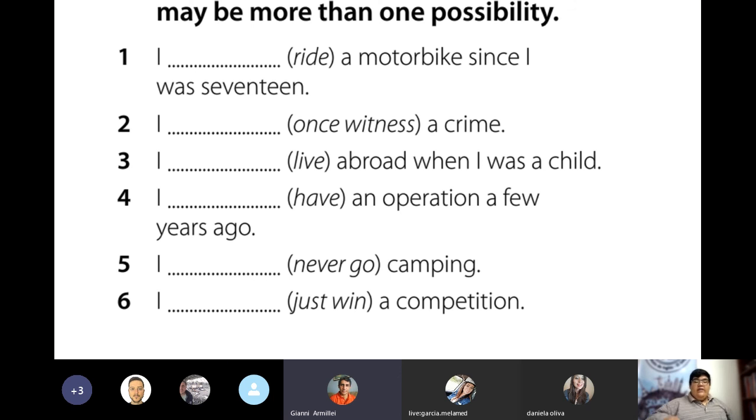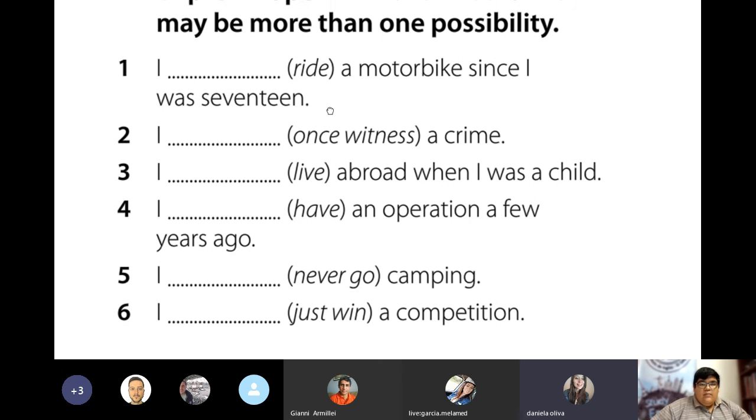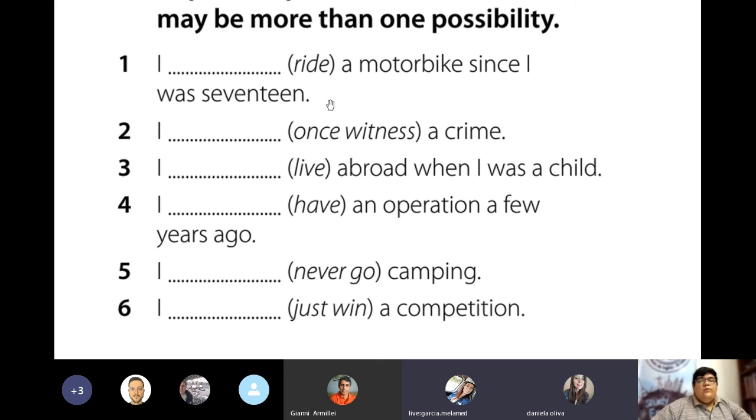Present simple is not an option. The correct option is: I have ridden a motorbike since I was 17. That is the correct option.